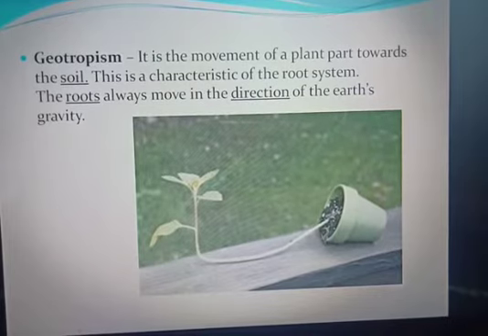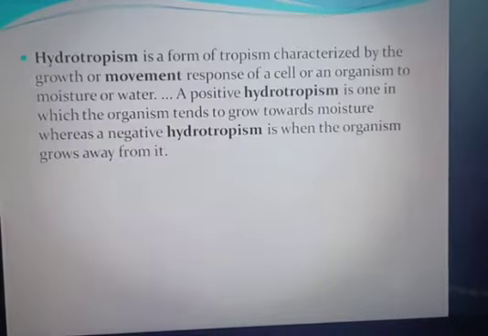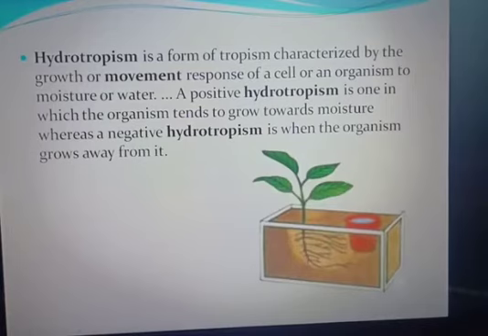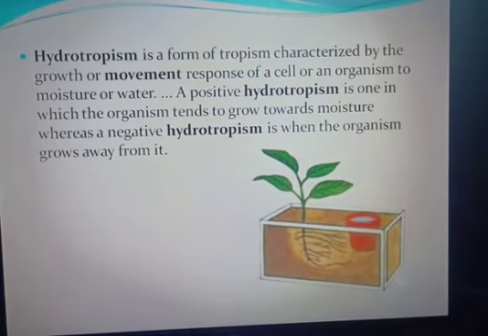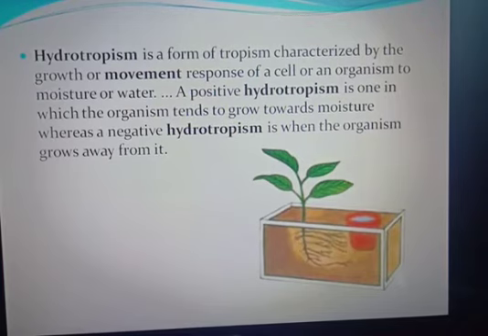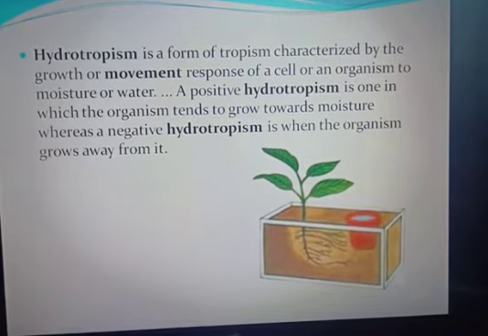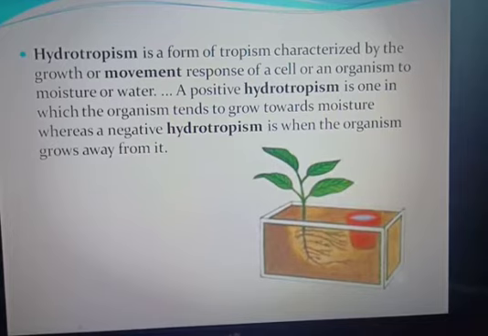Then we have the third, that is hydrotropism. Hydrotropism is a form of tropism characterized by the growth or movement in response of a cell or an organism to moisture or water. It is of two types again.